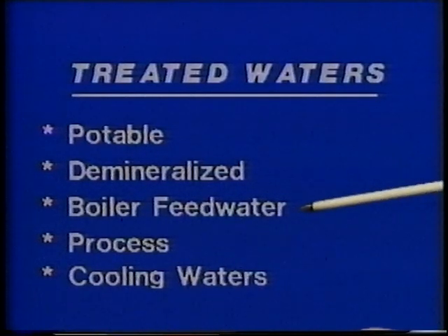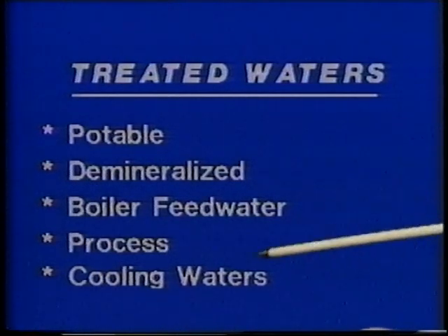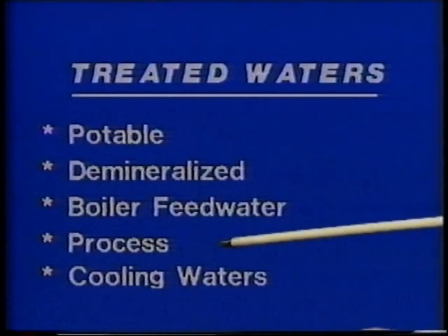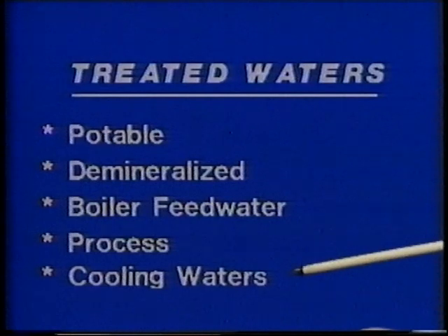Boiler feed water is yet another category of treated waters, and these are waters that are treated to go through power plant boilers and other systems where we're making either processed steam or steam to drive turbines, and we find that we have to treat that water specifically to control corrosion. Process water would refer to the waters which are used throughout an industrial plant, and cooling waters are in the same category, recirculated and pumping systems.